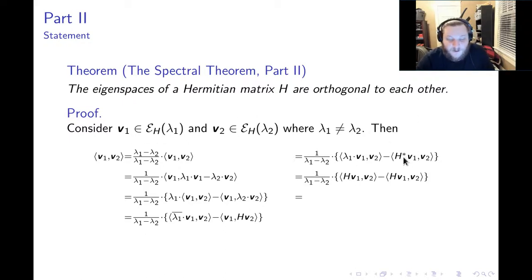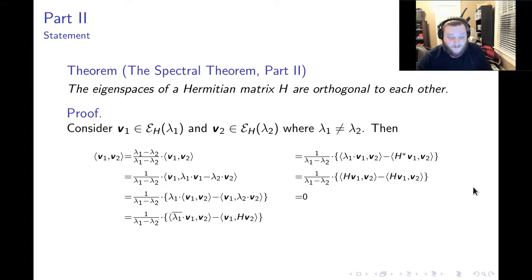I also know that H star equals H because part of the assumption in this setup is that H is a Hermitian matrix. So it was quite a journey. We had lots of equal signs, but now we have some fraction multiplied by the quantity, Hv1 inner product with v2 minus Hv1 inner product with v2.